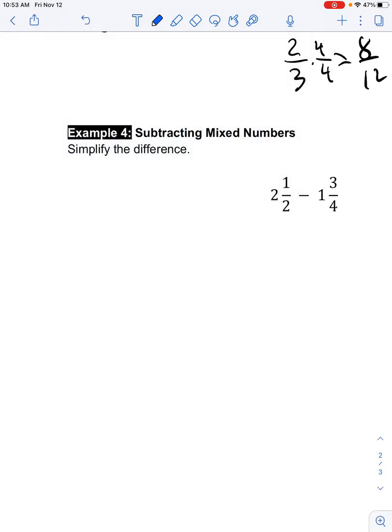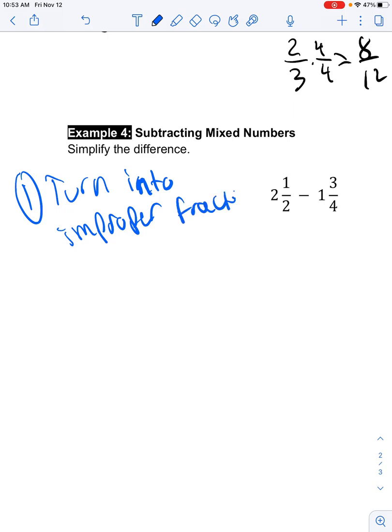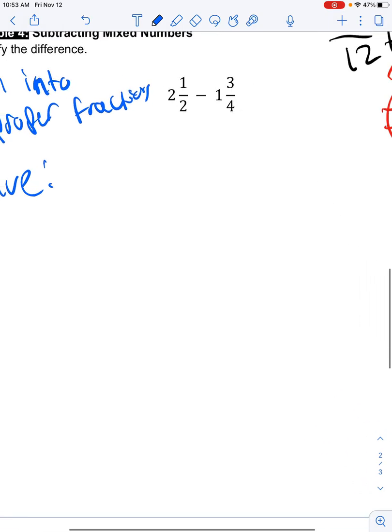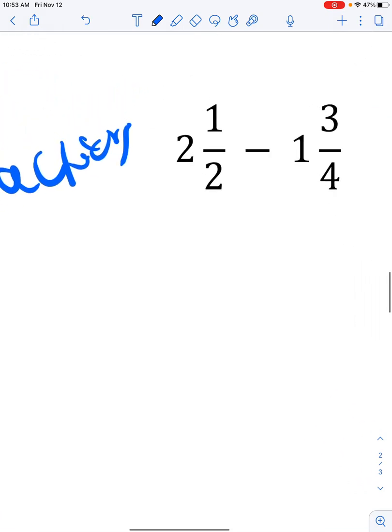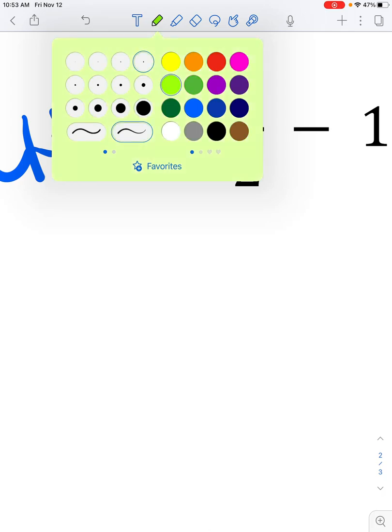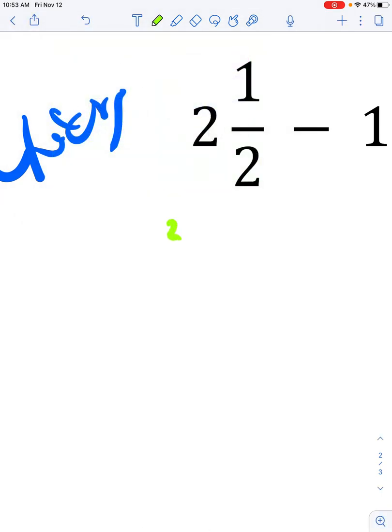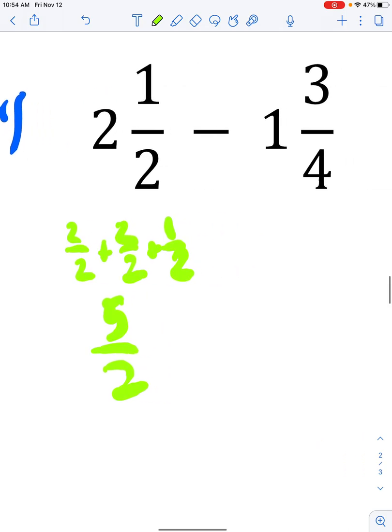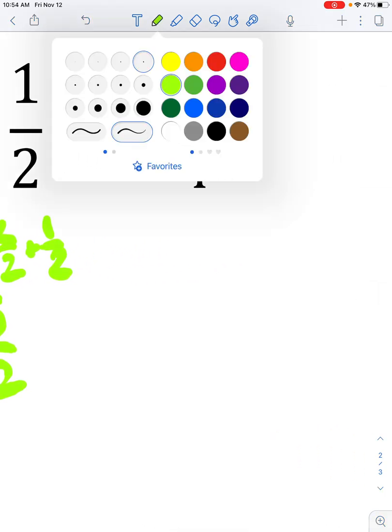I said we would do this one differently. The other way is you take the mixed numbers and turn them into improper fractions first, and then you solve. If I want an improper fraction, 2 1/2 is like saying I have 2 over 2 plus 2 over 2 plus 1/2.